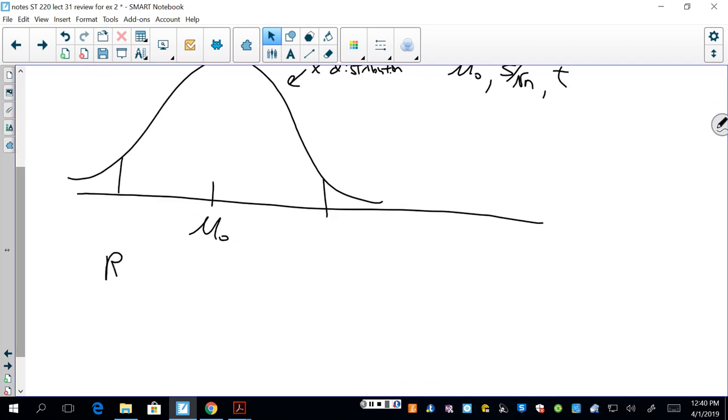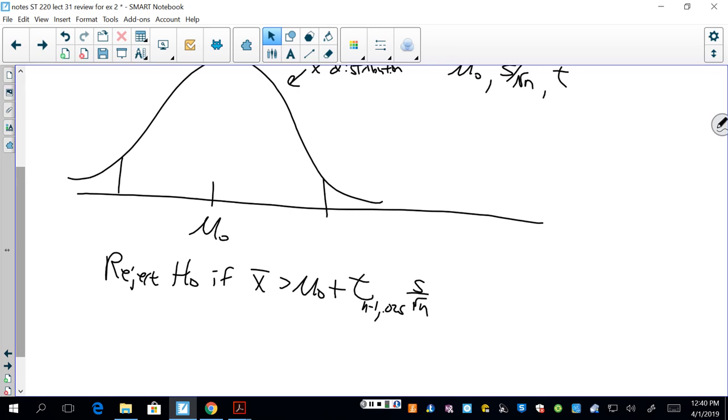We're going to reject H0 if our x bar is bigger than mu sub 0 plus a t value, if I'm doing just one sample, the 0.025 tail, times s over the square root of n.